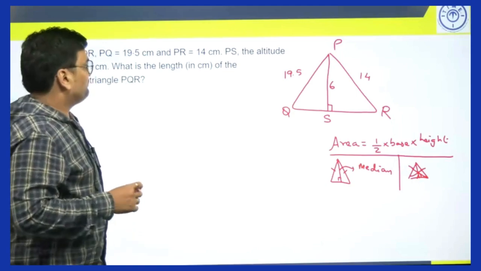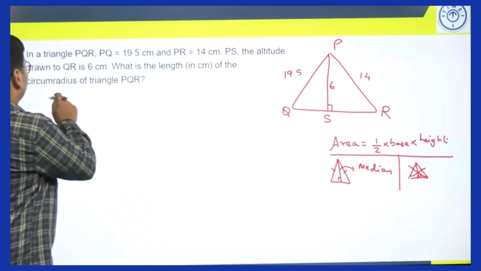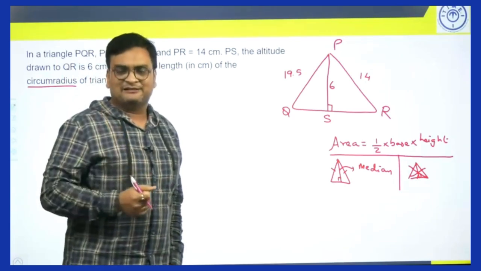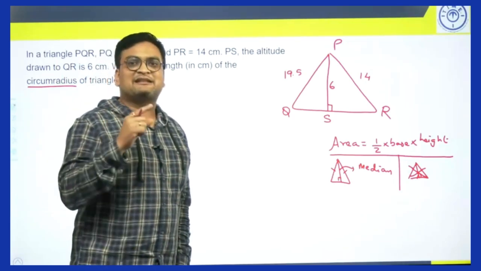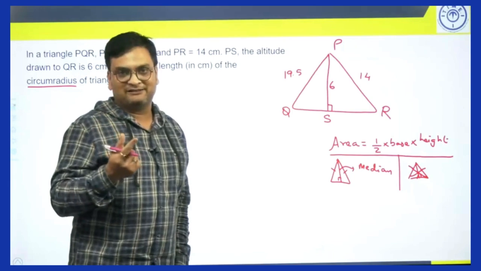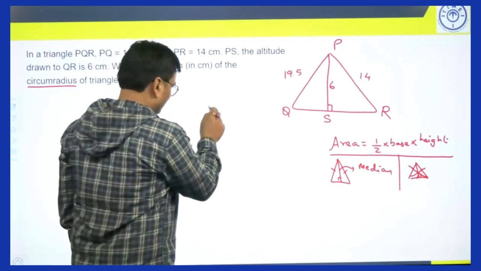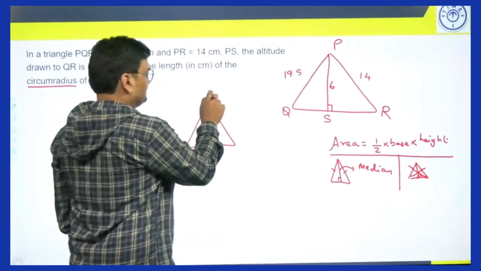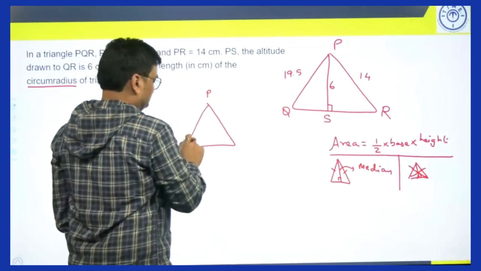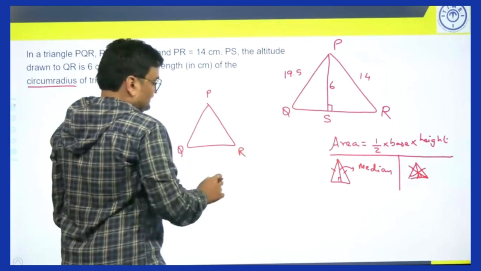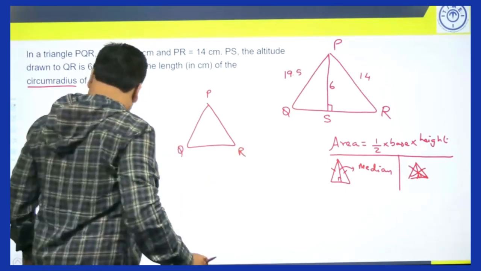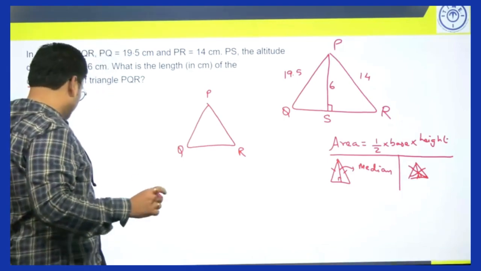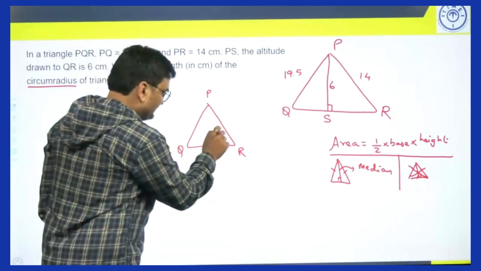One more point is, what do we mean by circumradius? Circumradius basically means the radius of a circle. What type of circle? This is the radius of the circumcircle. Let me clean all of it, and you may note it down. If I take a triangle like PQR and consider a point which is at equal distance from the vertices P, Q and R, let us say the point is something like this.